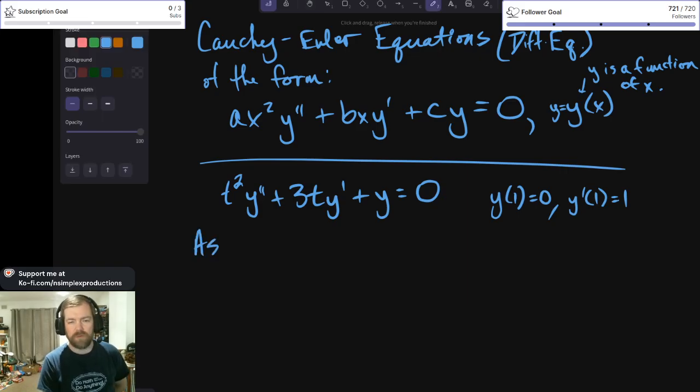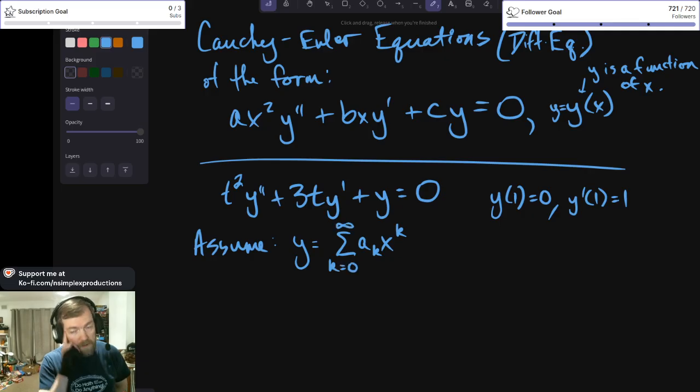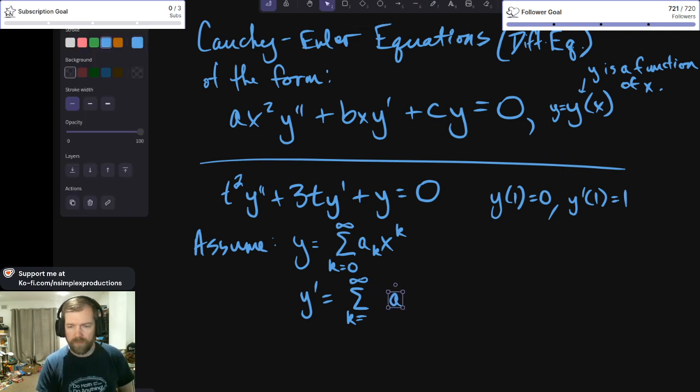Okay, so we assume that y is of the form a sub k x to the k, where k goes from 0 to infinity. So therefore, y prime is going to be equal to, now this is where it gets fun. Here, what's going to happen is we're going to get the k to come down front.